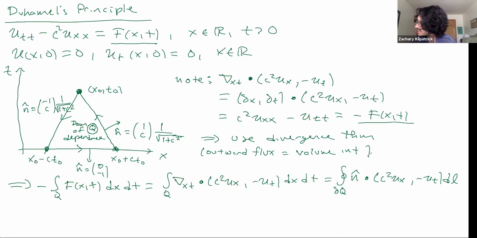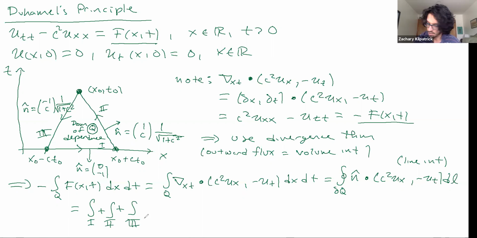So this thing here, remember this is a line integral. And I'm going to label these different lines just so I can keep track of them. This will be line 1, 2, and 3 here in Roman numerals. And so I'll just break this up into the integral along line 1, 2, and 3 of the normal along each of those, which I have already.